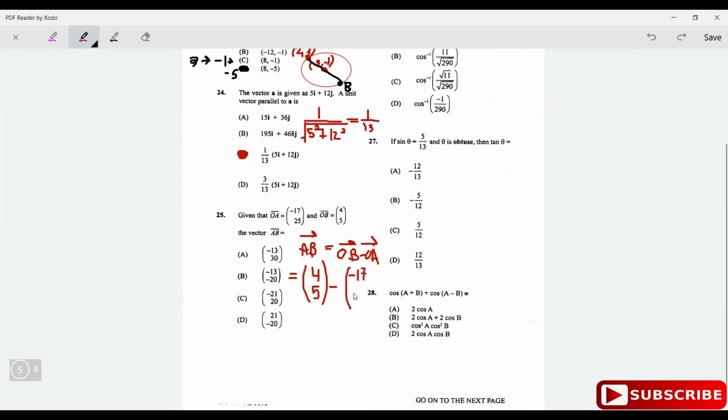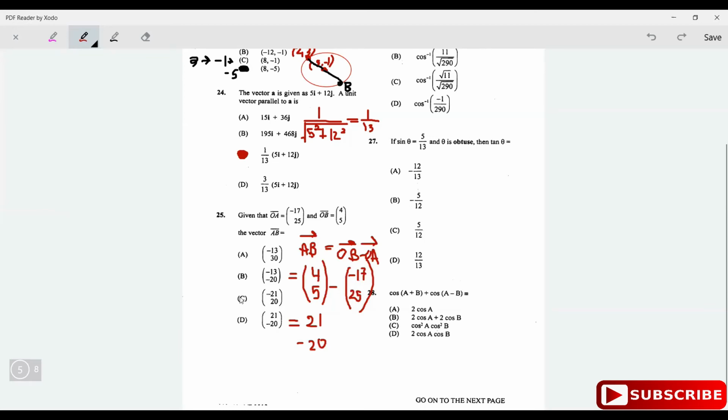Minus 17, 25. And so what you get is 4 minus 17 is minus 21, and 5 minus 25 is minus 20. So it's minus 21, minus 20.